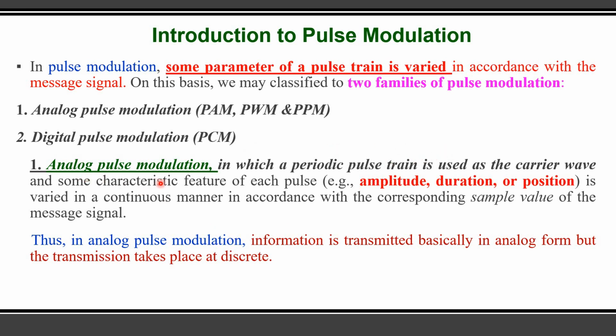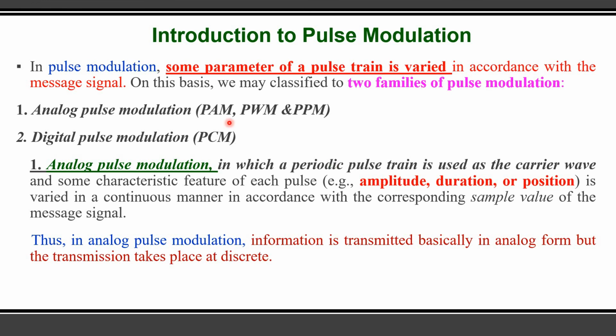In the analog pulse modulation technique, a periodic pulse train is used as a carrier wave. As already mentioned, instead of a sine wave, we use a pulsed wave as the carrier signal. Here the amplitude of the pulsed wave is varied, or the duration of the pulse is varied, or the position of the pulse is varied.